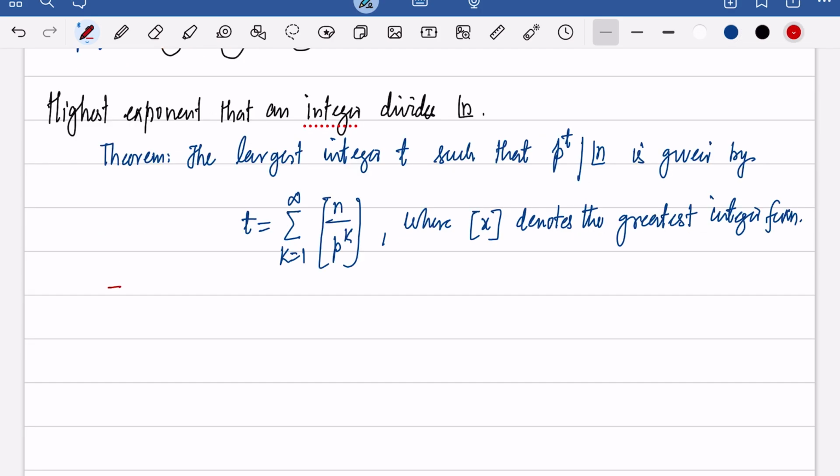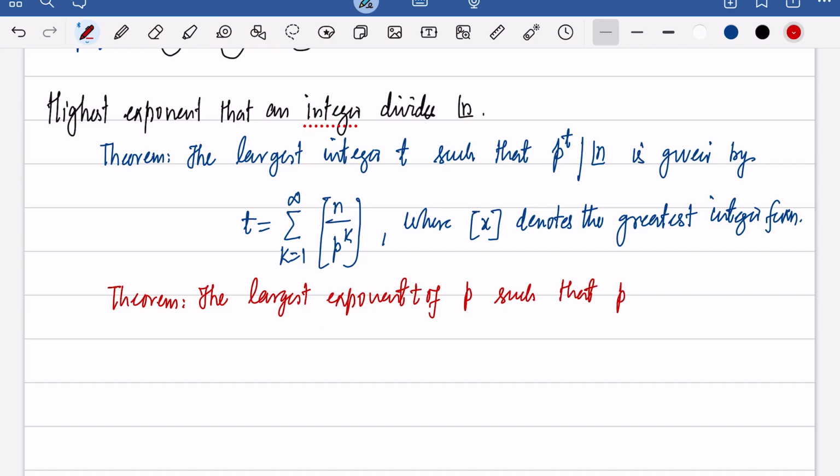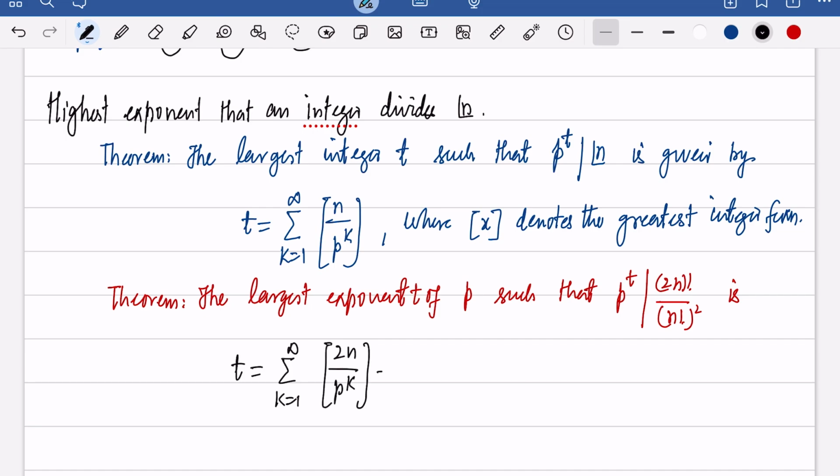We similarly write another theorem here. The largest exponent t of p such that p to the power t divides (2n)! divided by (n!) whole squared is t equal to the summation over k from 1 to infinity of the greatest integer of 2n divided by p to the power k, minus 2 times the greatest integer of n divided by p to the power k.